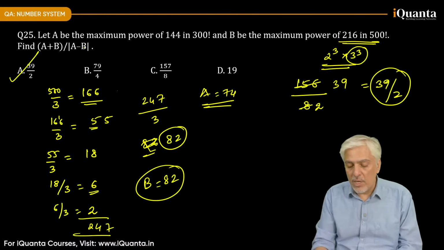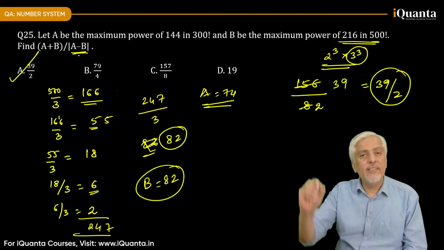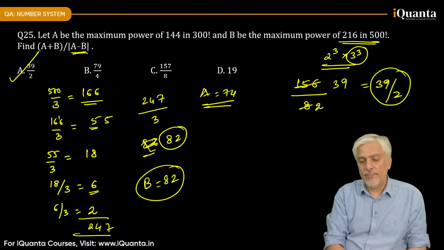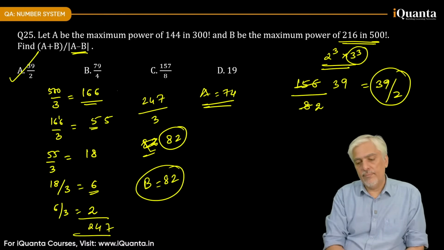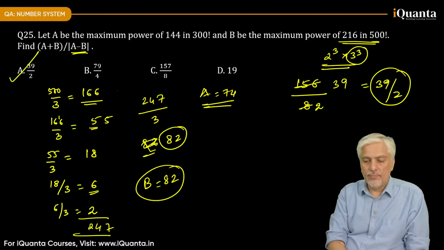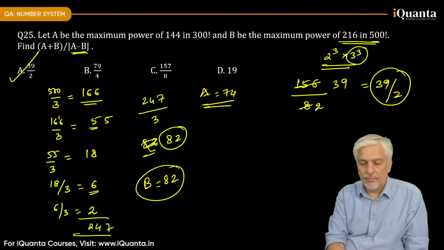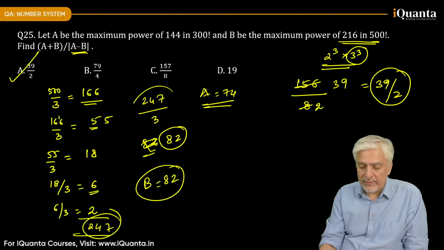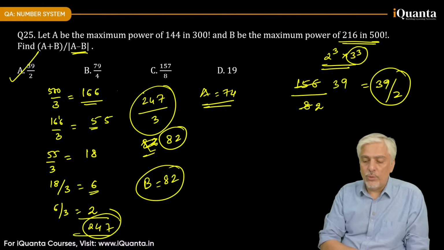Answer is option A. What is this mod sign? Negative also becomes positive. लिया ना 247 डिवाइड बाय 3 तो किया इधर 82.